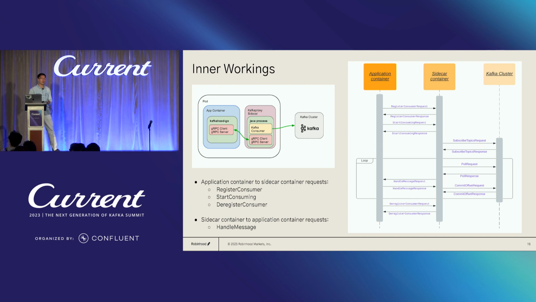At any point of time, if the application container needs to stop message processing, it can send the gRPC request deregister consumer to the sidecar container to notify it to close the Kafka consumer and clean up any resources related to the Kafka consumer. Once that's done, the sidecar container just becomes idle.